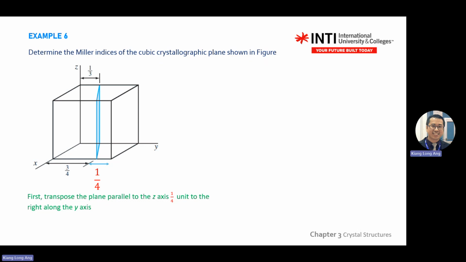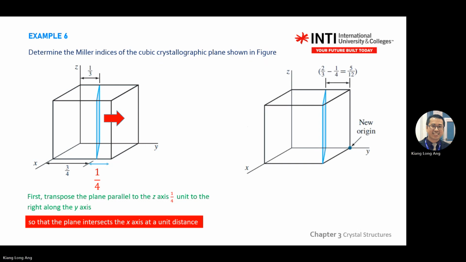You transfer the whole thing so that you get a whole number at one corner, right? You can shift to the left or right, but in this case, because the distance is a bit shorter here, we shift it this way. So we shift it so that this plane is moved to the new position, but the plane orientation is still the same. So here you get the distance when you shift, right?